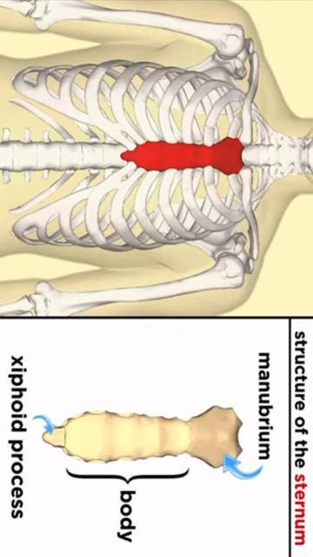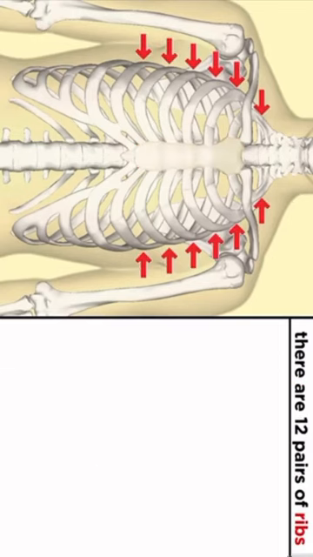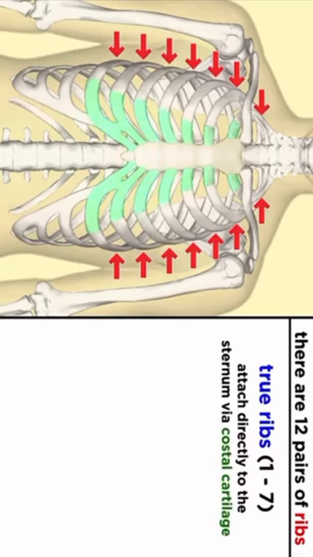Then there are 12 pairs of ribs that project from the vertebrae. The first 7 pairs attach directly to the sternum via sections of costal cartilage, and these are called true ribs.